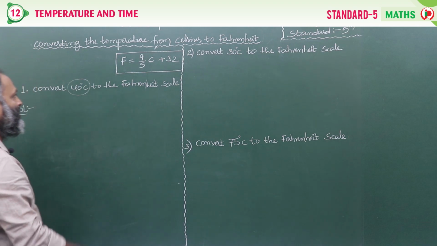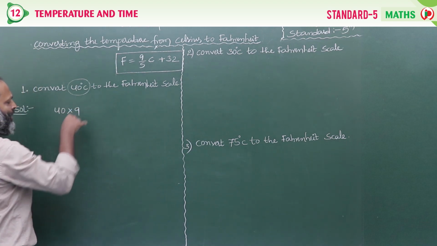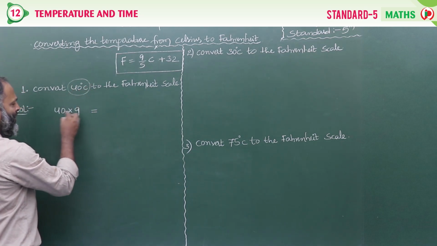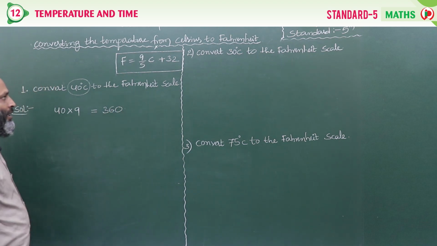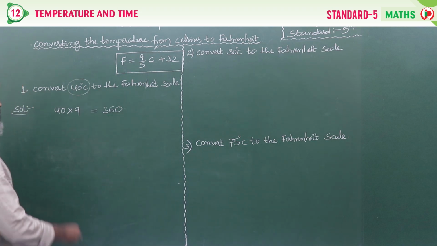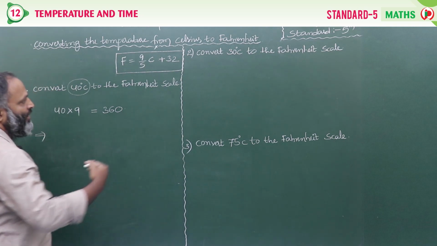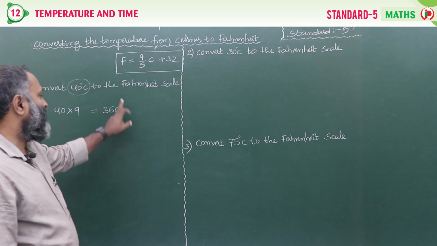So in the first step we should multiply 40 with 9. 9 4s are 36, 360. So this product now you divide with 5. In the second step you divide that with 5.